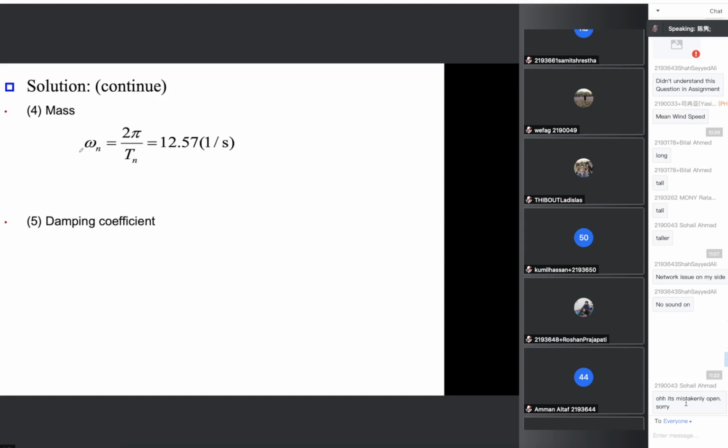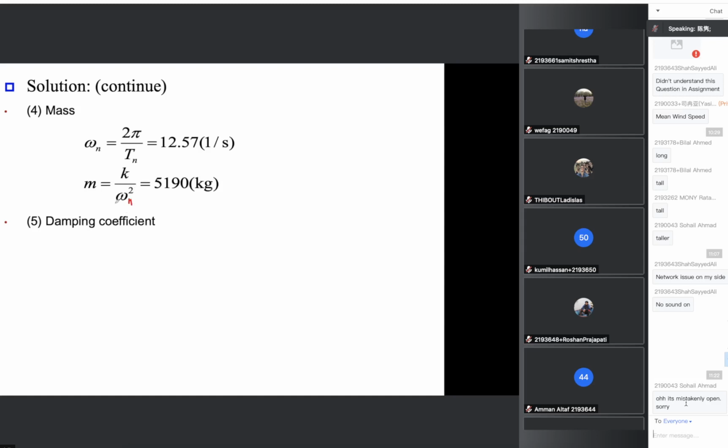But remember, this is omega n. So if I give you an example, a problem like this, you cannot use omega d here, although the answer is very, very close, but it's not true. Because this is omega n, the mass should be K divided by omega n squared. It's not omega d.